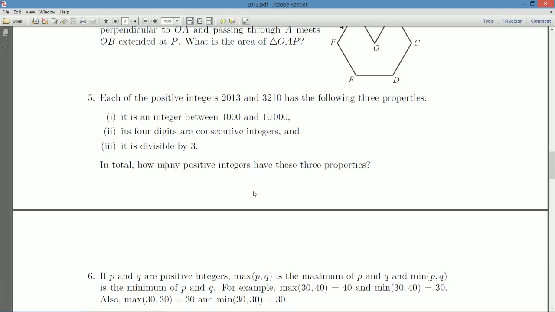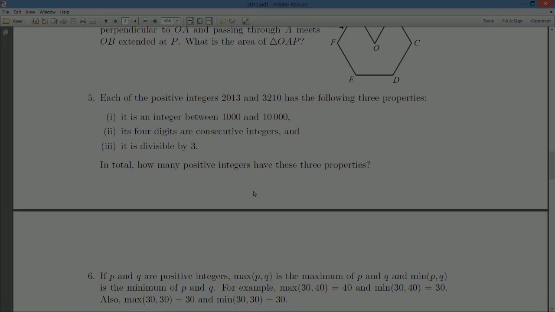So we need a 4-digit integer, 4 consecutive integers. So they're going to have to be between 0 and 9, otherwise we're not going to have digits. And they need to be divisible by 3, and I think divisible by 3 is definitely the key. So let's explore this a little bit more. We'll come back to that multiply by 4 factorial, which is 24, in a little bit.